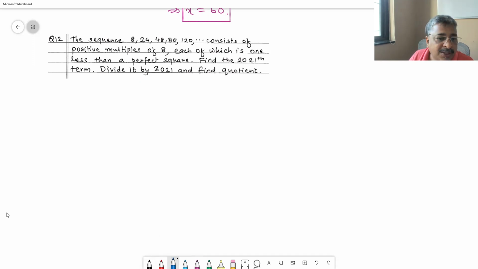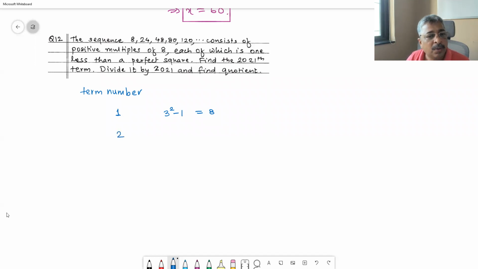So, first term, I call it as first. It is 8, which is 1 less than a perfect square. So, it is 3 square minus 1, which is equal to 8. We get it like this. So, when the term number 1 is there, it is 3.